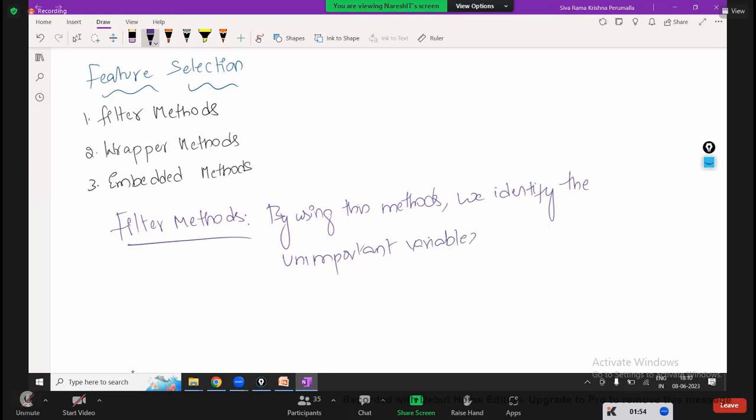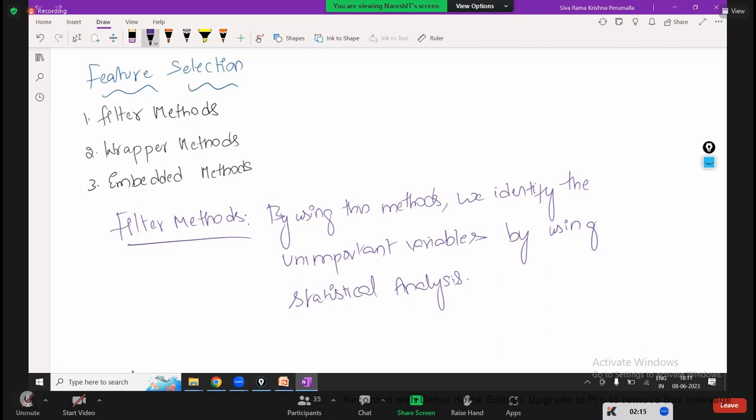We identify the unimportant variables by using statistical analysis.